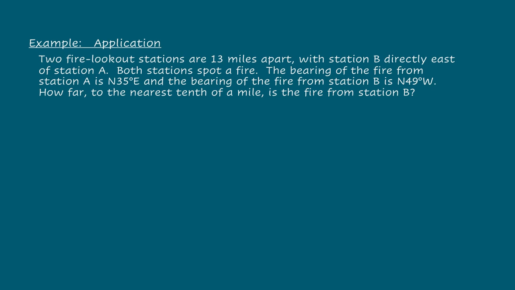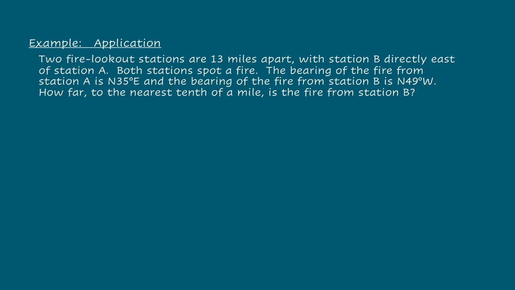Okay, so here's a problem where we have two fire lookout stations that have spotted a fire, and I have clues about their locations. I have their proximity to one another, and I have their directional information to the fire, and I want to figure out how far one of the stations is from the fire itself.